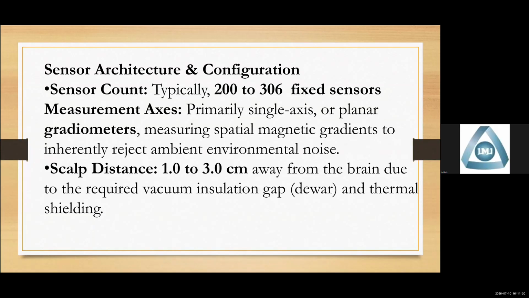Sensor and architecture configuration. It has 200 to 300 fixed sensors, but each sensor has one primary signal axis. Scalp distance: this is far from the scalp, 1 to 3 centimeters away from the brain due to the required vacuum insulation gap.